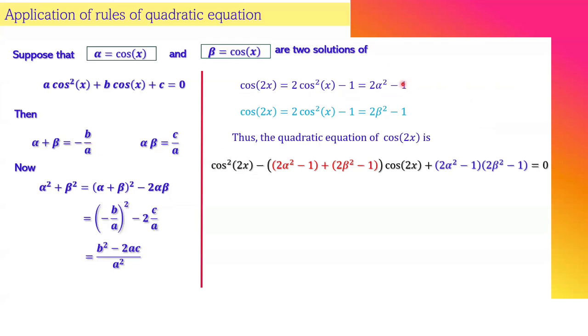So it should be the equation cosine square 2x minus the sum of these two, plus the product of these two. So now our task is to find this and this in terms of A, B, C.